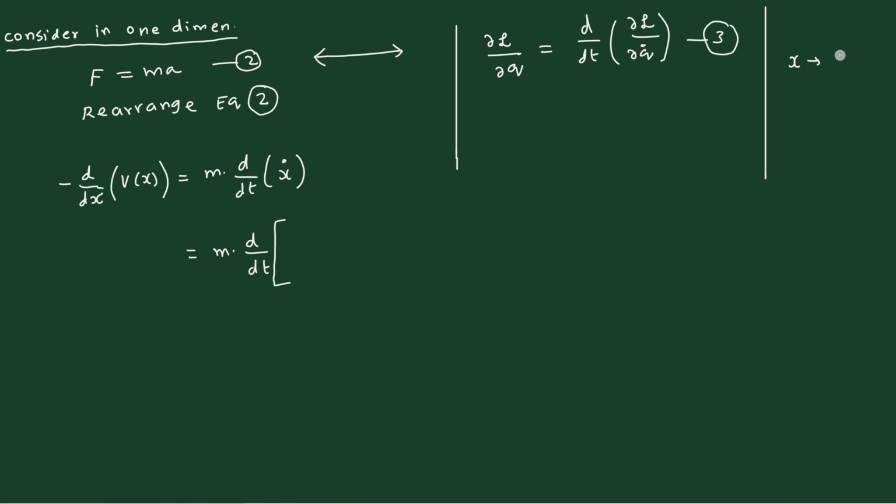So x can be written like this. I write x square by 2 and then d by dx. Is it okay? So what is d by dx of x square by 2? I will be getting x. So in this method you can rearrange once again, and therefore now I have x dot. So x dot has to be replaced in this particular style.